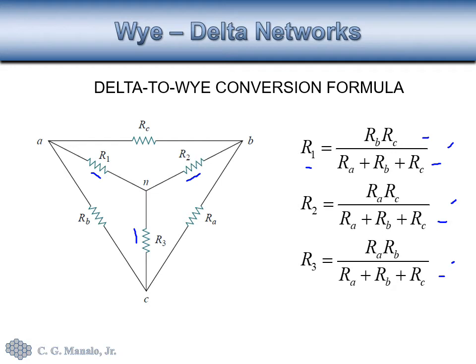So for example, we want to solve R1, the numerator is the product of the resistances adjacent to R1, and these are R sub C and R sub B.